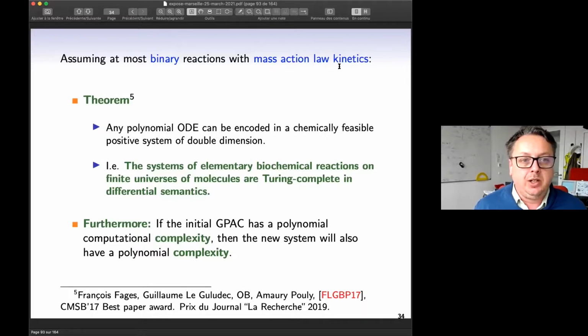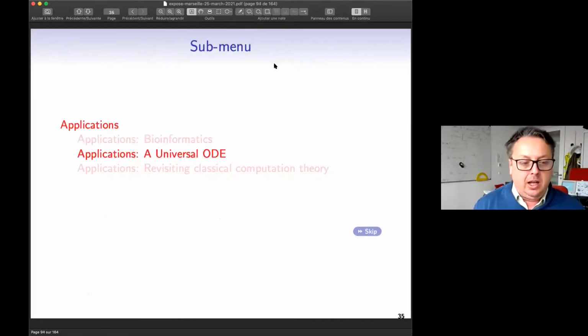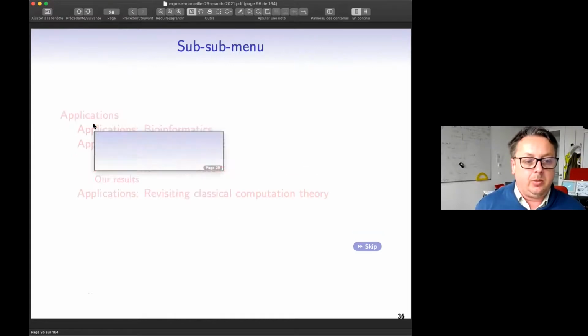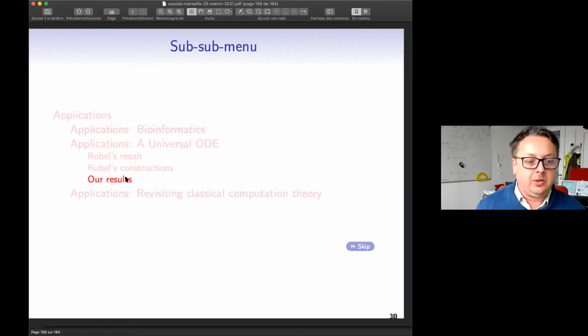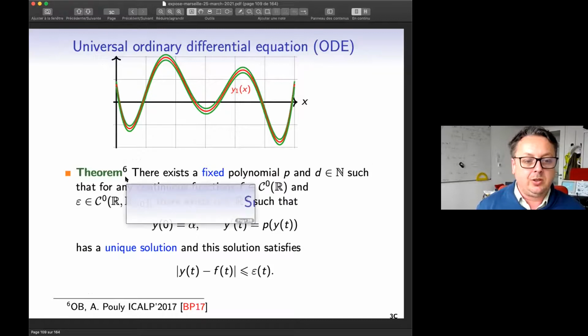And what we did was to introduce variables so that we could transform a polynomial of arbitrary degree into a degree 2 polynomial.